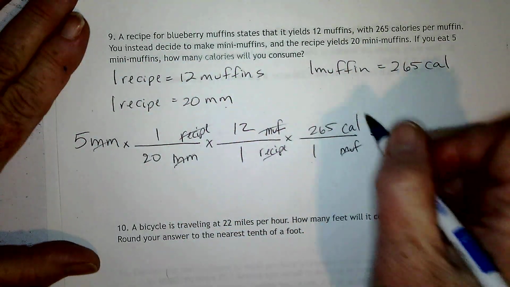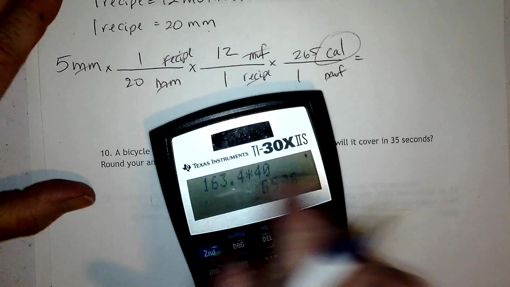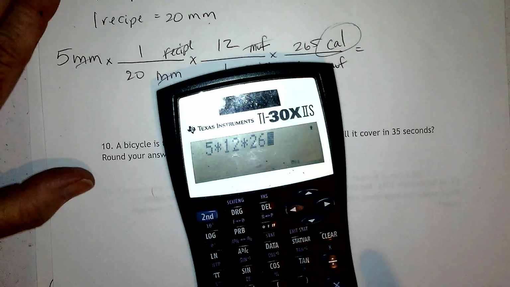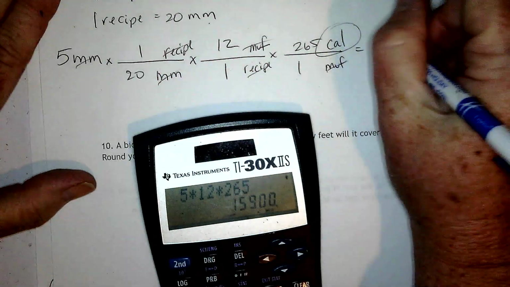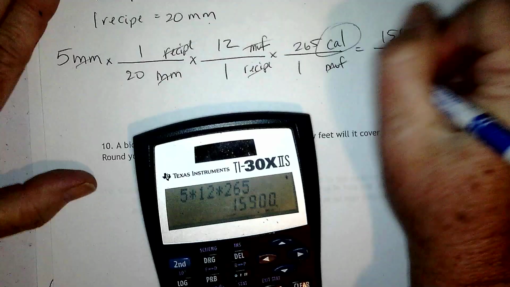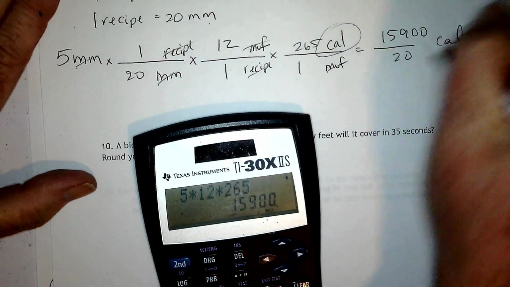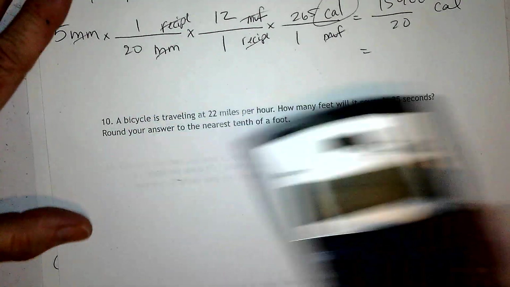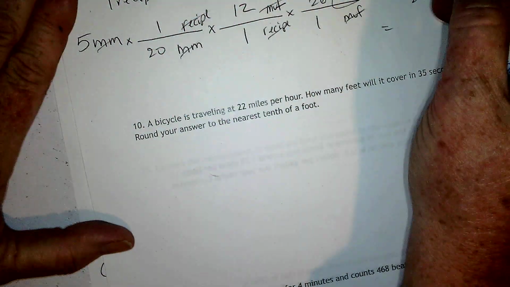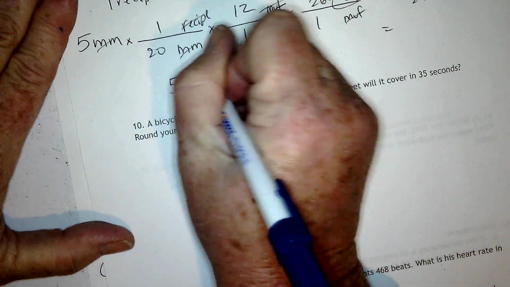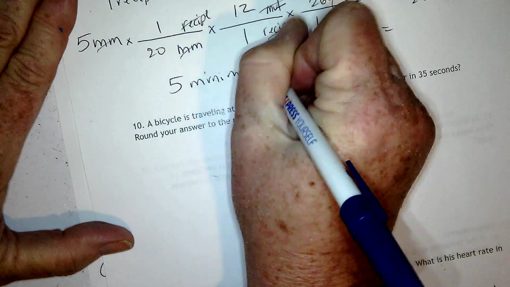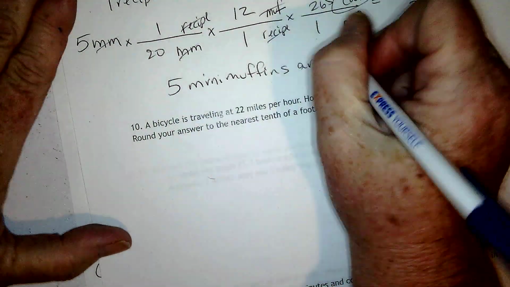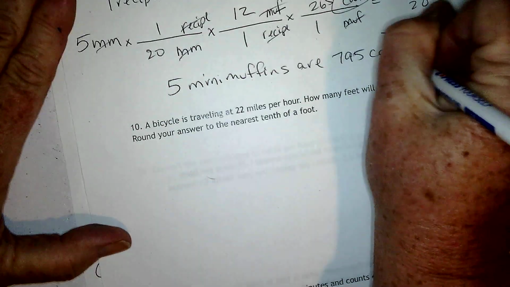Conversions, gone, gone, left with calories, which is what we want. Multiply straight across. 5 times 12 times 265 is 15,900 over 20. This is calories. So divided by 20 is 795 calories. So 5 mini muffins are 795 calories.